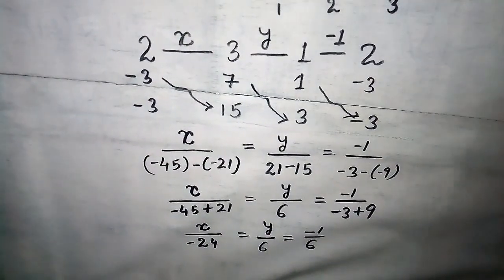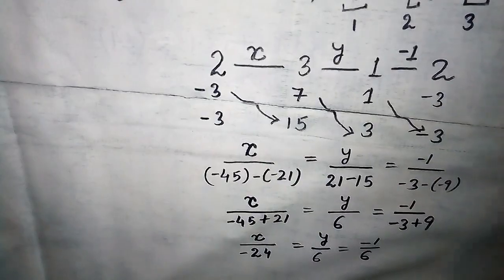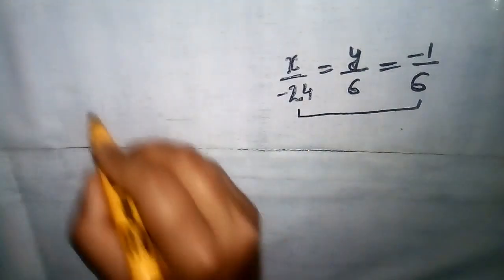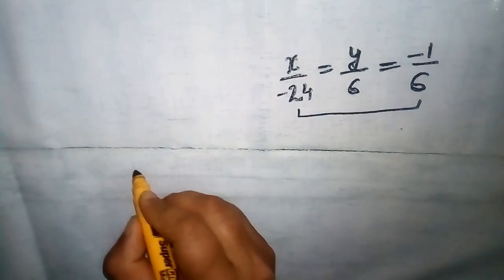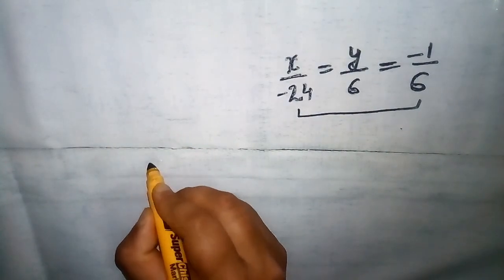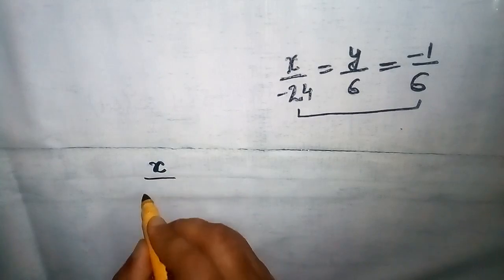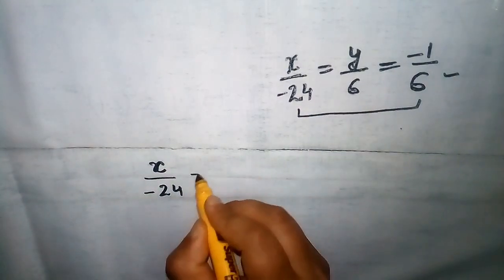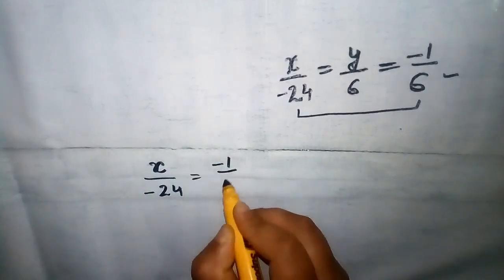For the values of x, y, let us see how we have to solve it. So first of all, take first and last part of the equation, that is x upon minus 24 equals to minus 1 upon 6.